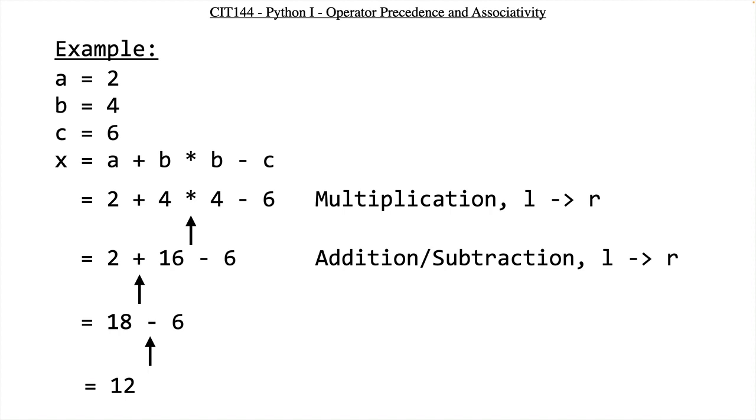If they're not associative, that is not true. So if you're trying to figure something out, you really need to follow the Python operator precedence, regardless of whether or not an operator is associative. So that's operator precedence, operator associativity, and an example to demonstrate this.